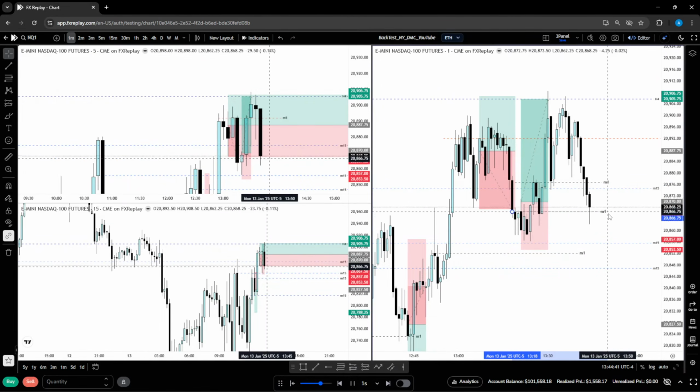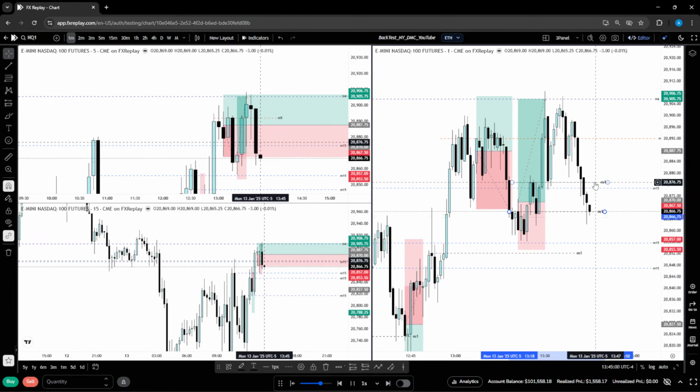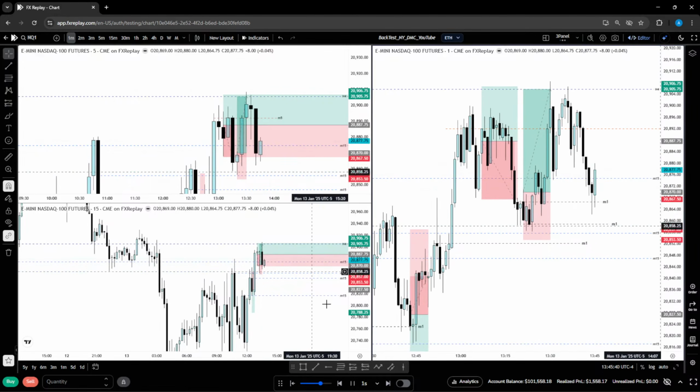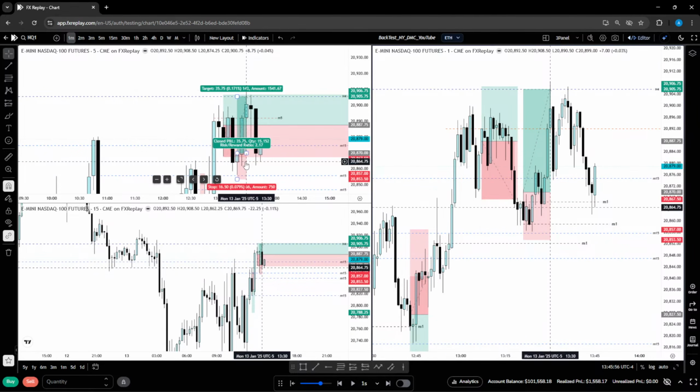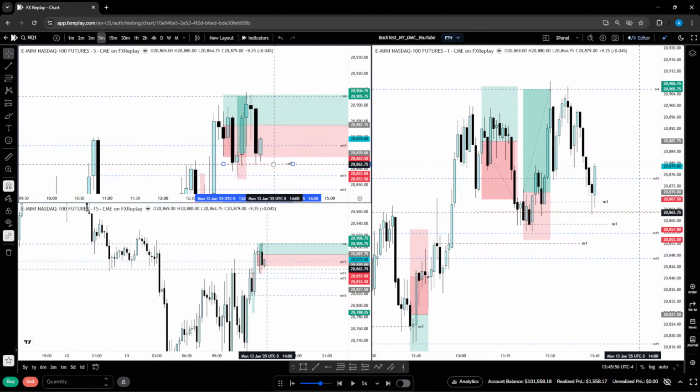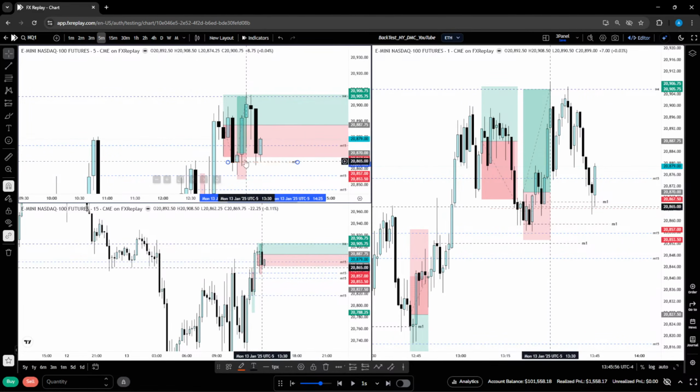And now this level. In 5 minutes, we went down and tested basically this one.